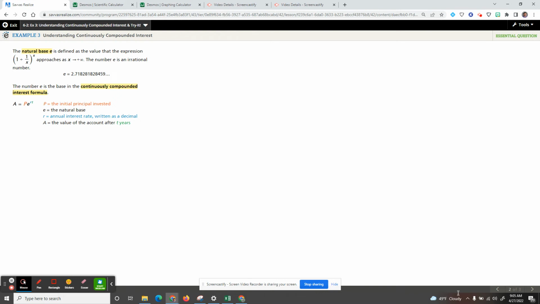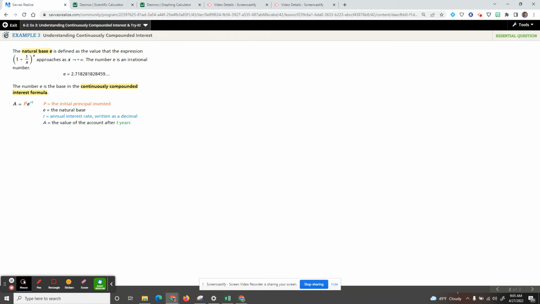P is the amount of money you start with, principal. E is that natural base. So it's this irrational number. E, think of it as the next most famous irrational number after pi, right? Pi is definitely the most used. E would be the next most used. It is an irrational number. Round it to this.